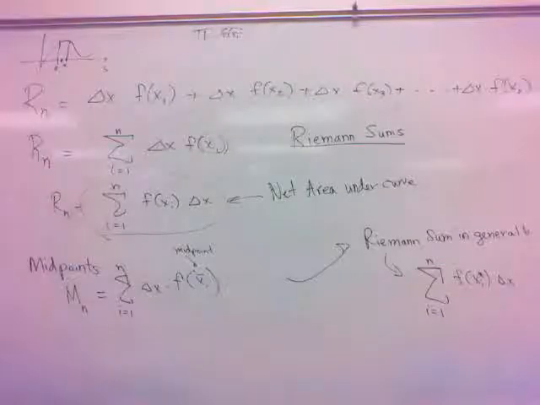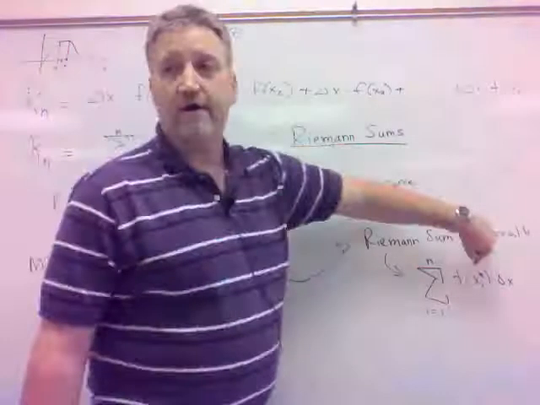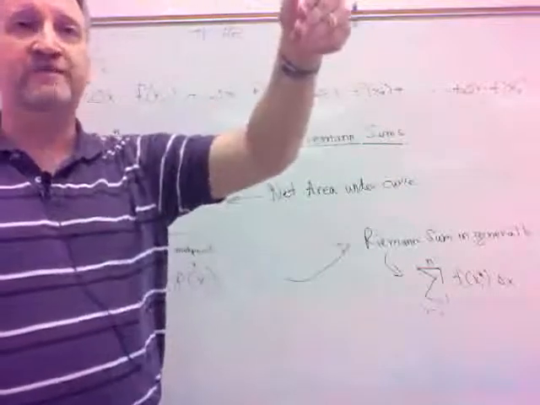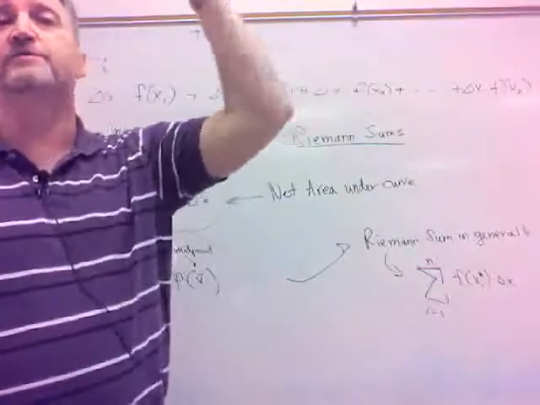I saw that in the homework they use this terminology. X sub i star is just whatever sample points you want it to be, whether you want left endpoints, right endpoints, or midpoints.